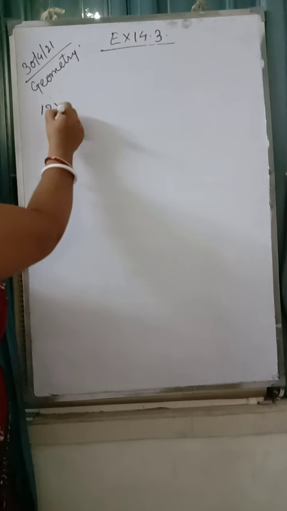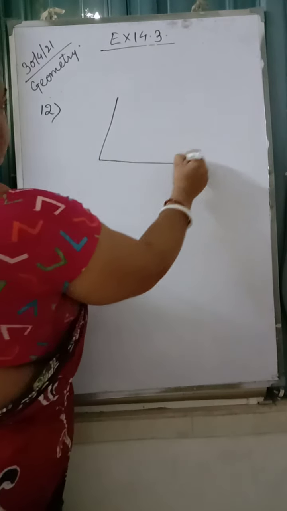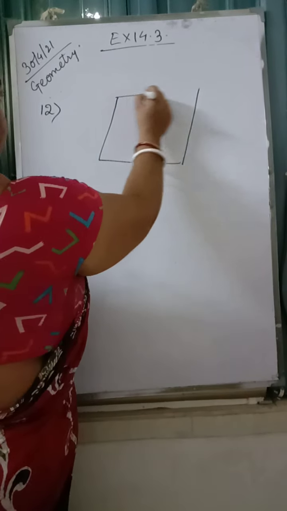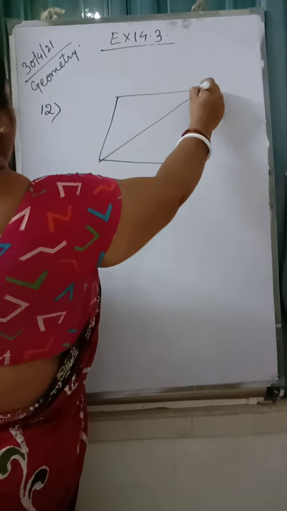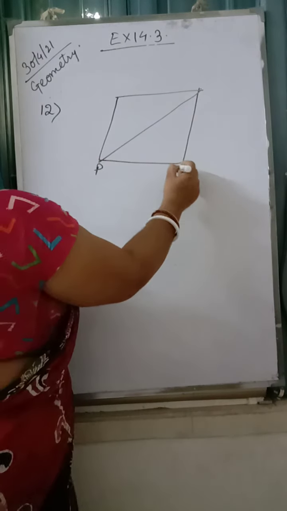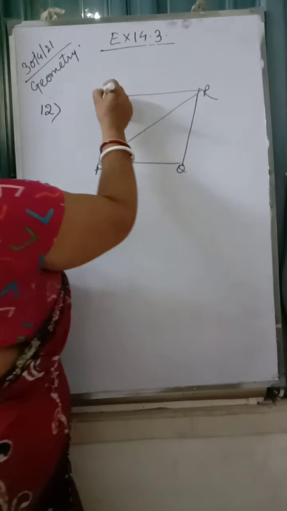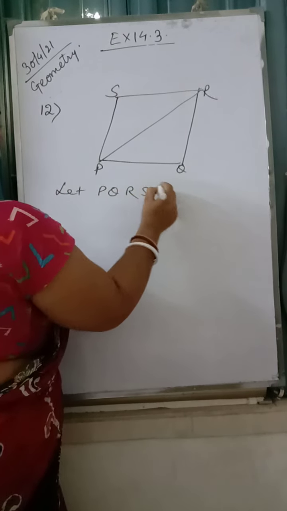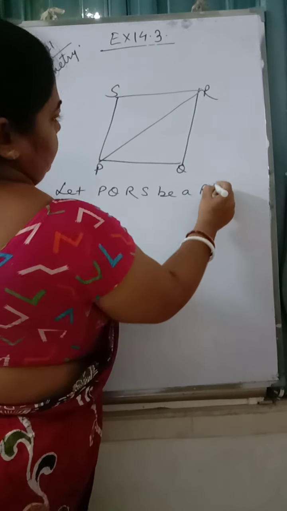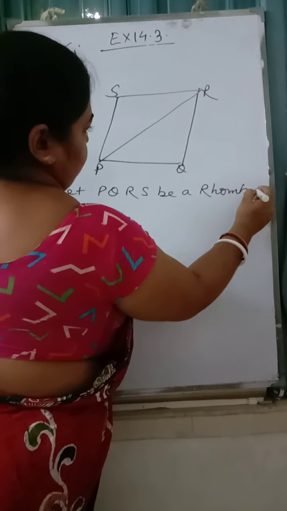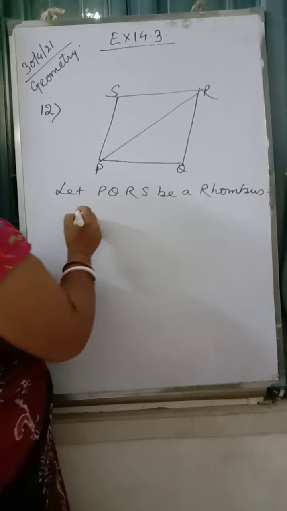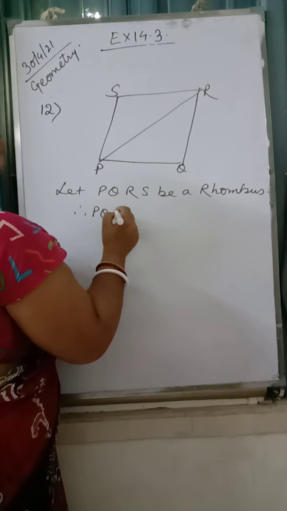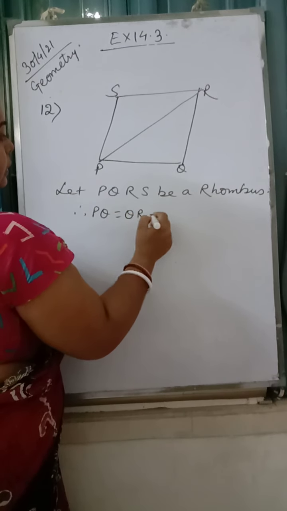Question number 12, it says, let PQRS be a rhombus. So therefore, what we know, all the four sides are equal.